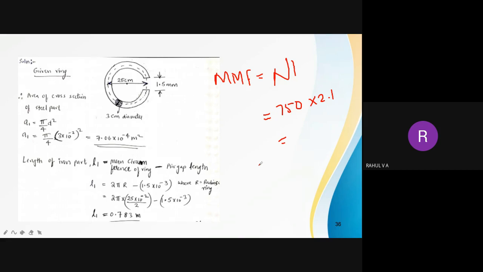It is actually 1575. Okay, so that is the value of MMF. So you can go for break now. The second hour also I will be continuing.